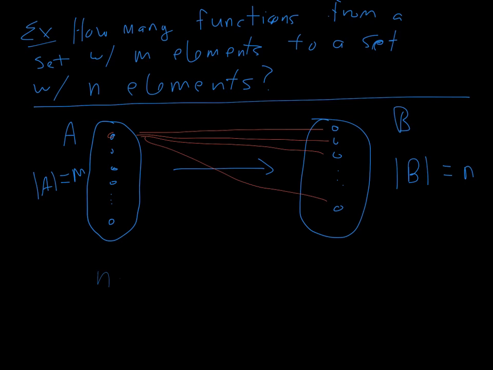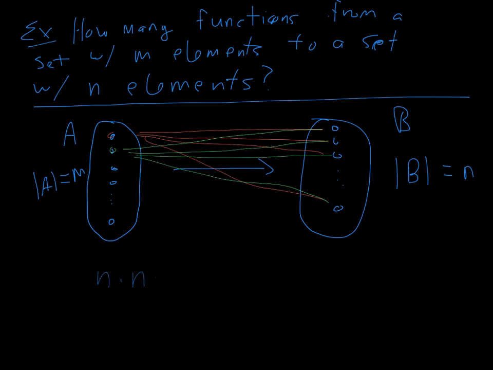And then I'm going to multiply that by the number of choices I have for the second element in A. So the second element in A, this one right here, can get sent to the first element in B, the second element in B, the third element in B, and so on and so forth. So for the second element in A, there are also n different choices.